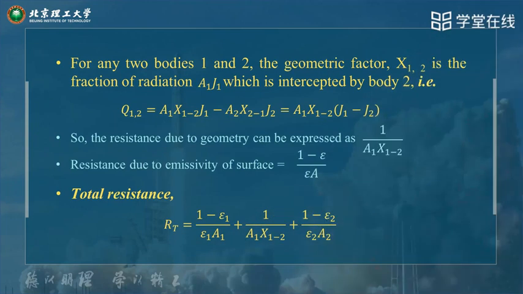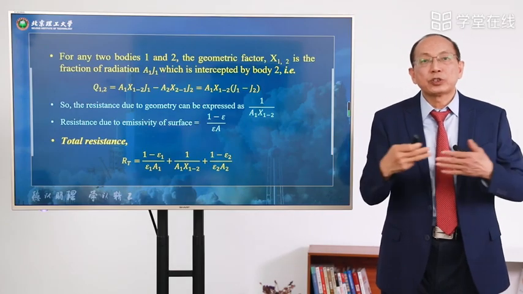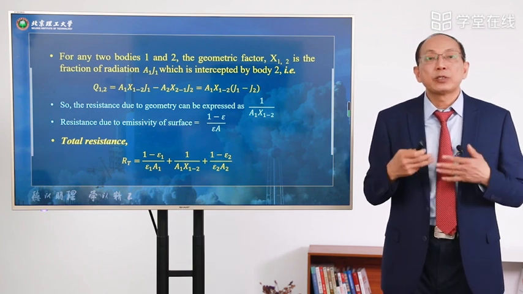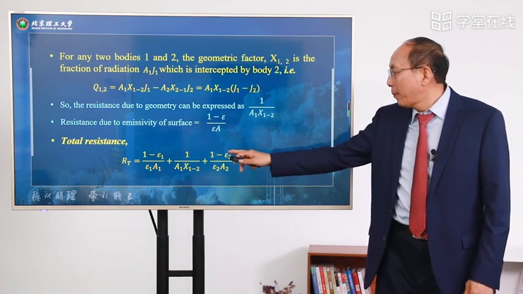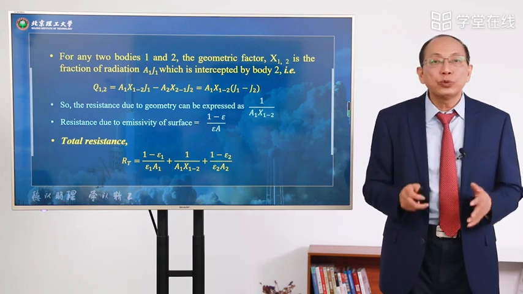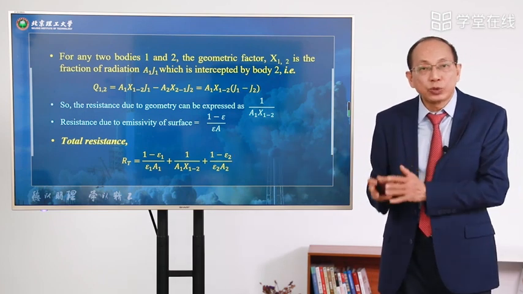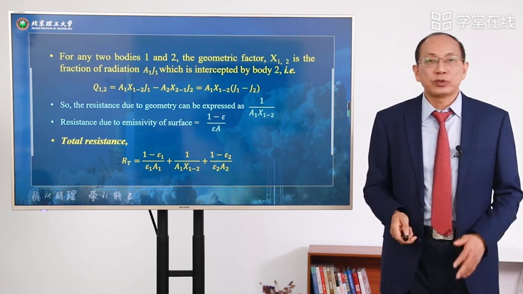So the total resistance RT equals (1 minus epsilon 1) over epsilon 1 A1, here is the surface 1 resistance, plus 1 over A1 x1 to 2, here is the space resistance from body 1 to body 2, plus (1 minus epsilon 2) over epsilon 2 A2, here is the surface 2 resistance.